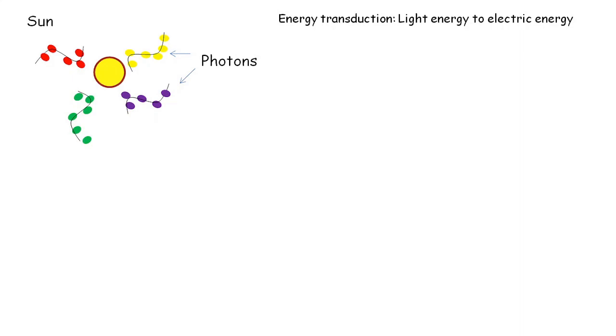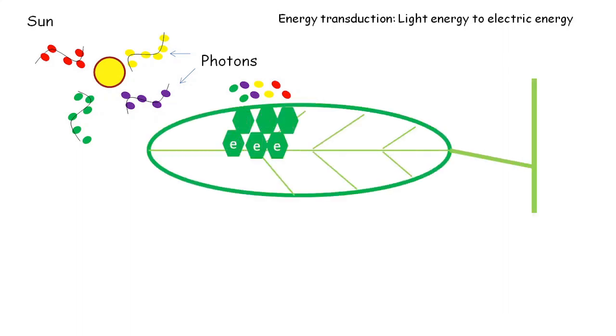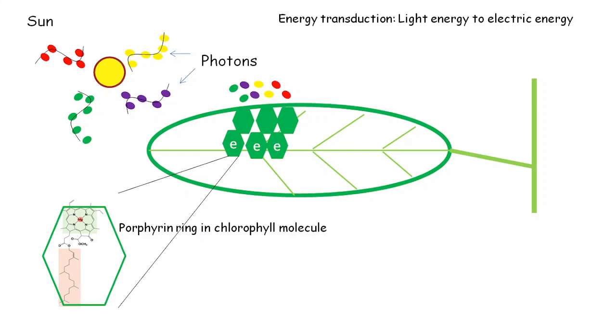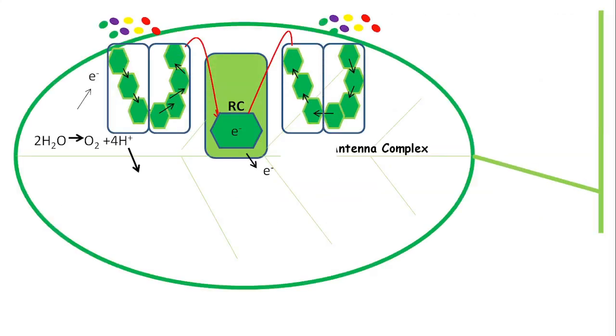The photons which crash land on the porphyrin molecule present in chlorophyll are absorbed, and it transfers their energy and electrons to the photosystems. You can see the antenna on either side of a reaction center collecting the photons and simultaneously releasing the electrons.